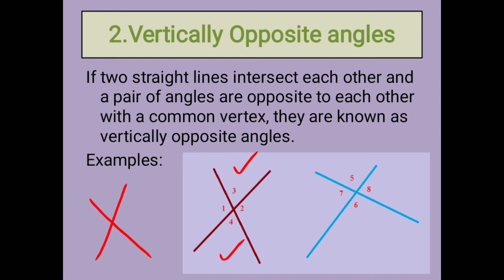That means they are vertically opposite angles. It is possible only if the two intersecting lines are straight lines.